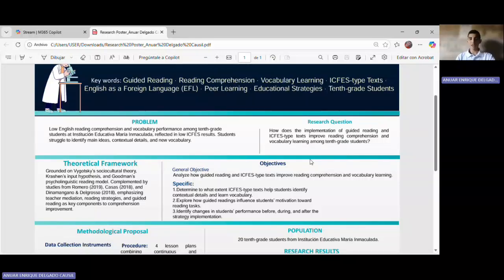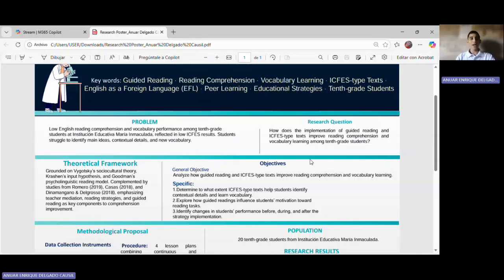In general, the objective of this research project was to analyze how guided reading and practice with ICFES type tests improve reading comprehension and vocabulary learning among these 10th grade students.